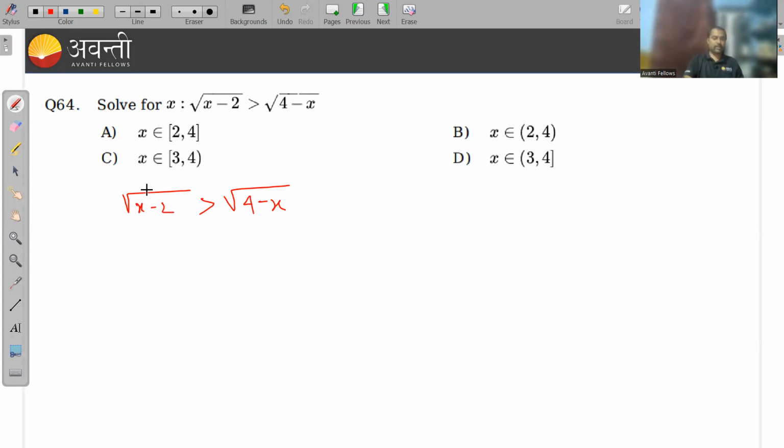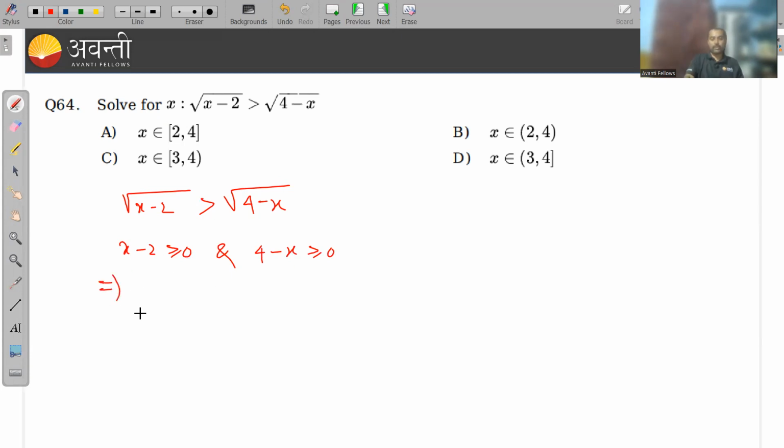For this inequality to be true, x minus 2 must be greater than or equal to 0, and 4 minus x must be greater than or equal to 0, right?